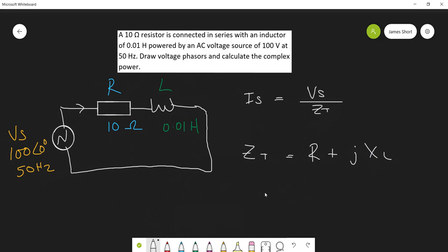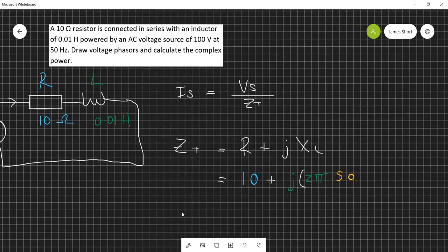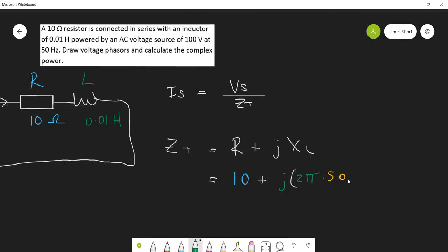We know jXL is equal to 2 pi f times the inductance, so we can just go ahead and do this. So that's 10 ohms plus j, and we'll put that in brackets already, 2 pi times the 50 Hertz and L, which is 0.01 henries.